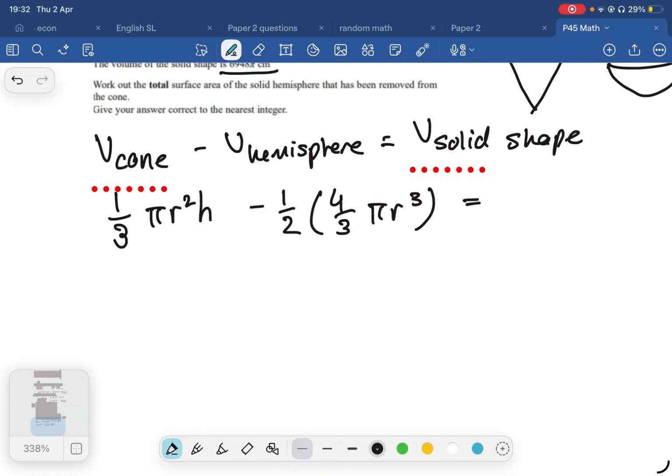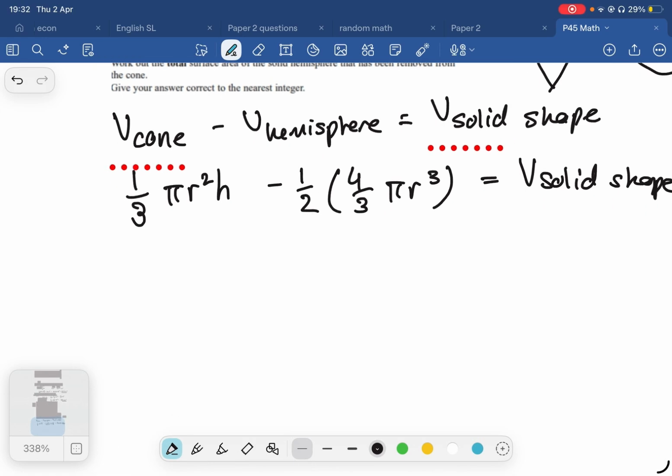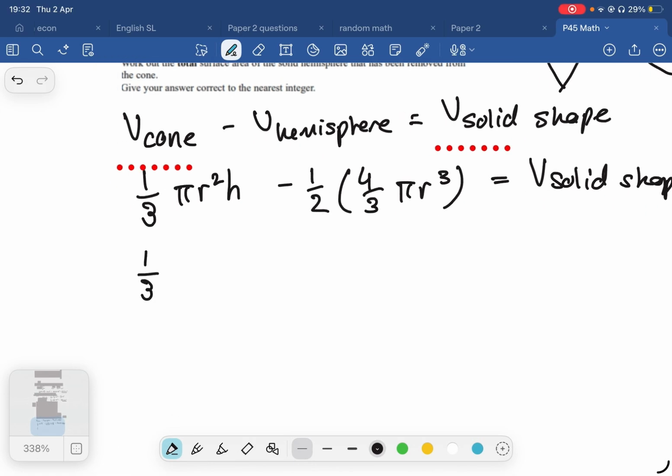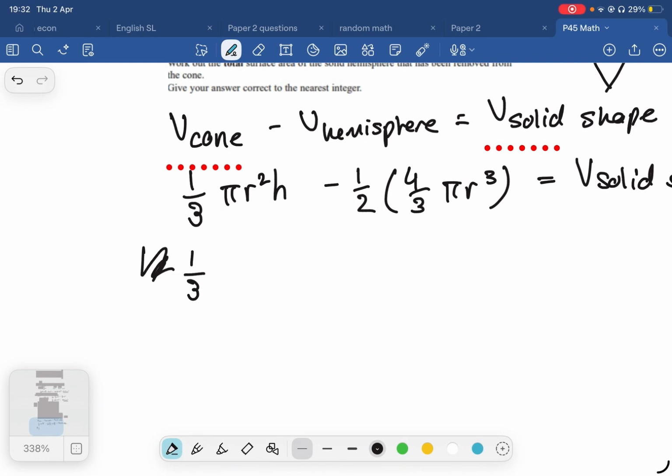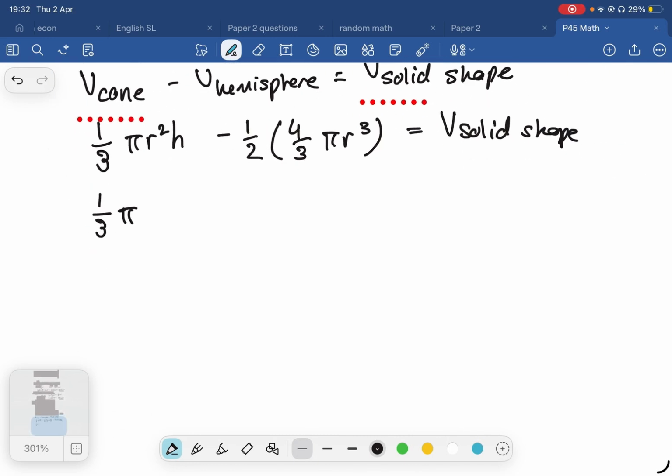And then you get the volume of the solid shape. To simplify this, you get 1/3 pi r squared h minus 2/3 pi r cubed. I am going a bit slow, guys, to explain it to anyone who doesn't understand, but feel free to watch it a bit faster if you understand it.